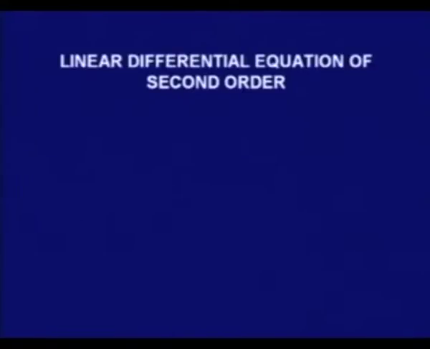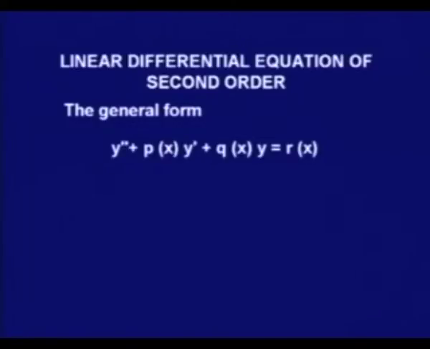What are they? A general form is y double dash plus p x y dash plus q x times y is equal to r x. Here y is the unknown function, y dash is first derivative of y and y double dash is second derivative of y.